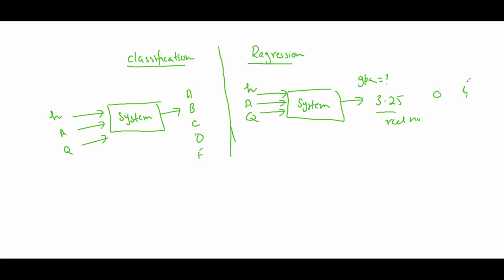For example, in this case, it can have a value in the interval 0 to 4. So this is an example of regression. This is an example of classification. Very similar example, but what you are predicting actually changes the whole idea, whether you are doing classification or regression. So in simple words, the best answer could be that in regression, the variable we are trying to predict is continuous. In classification, it is discrete.